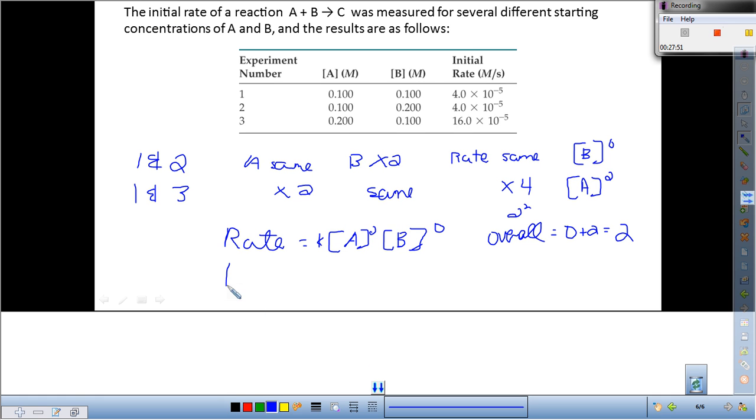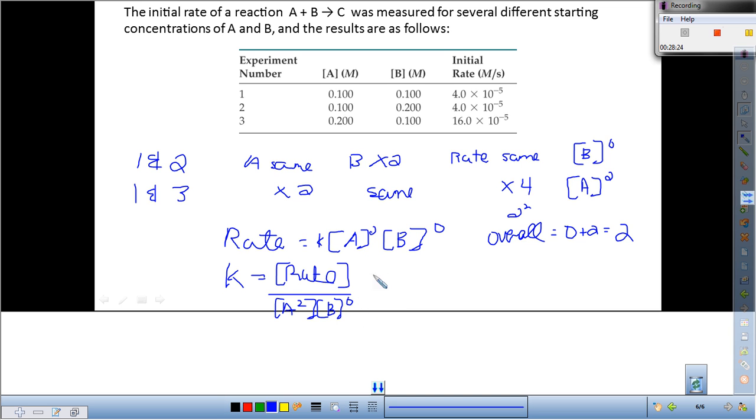K is equal to rate over the concentration of A to the 2 times the concentration of B to the 0.